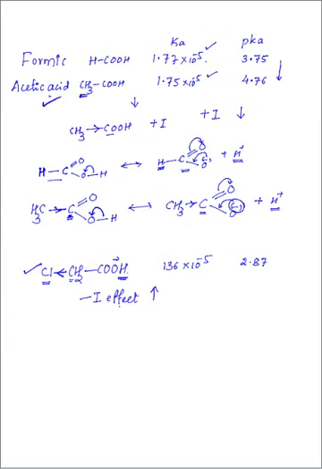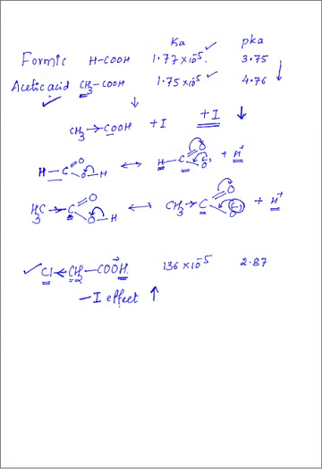If groups having positive inductive effect are present, acidity of carboxylic acid decreases, or if the groups present exert negative inductive effect, then acidity of carboxylic acid increases.